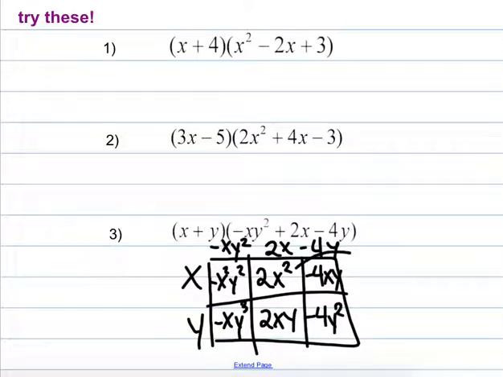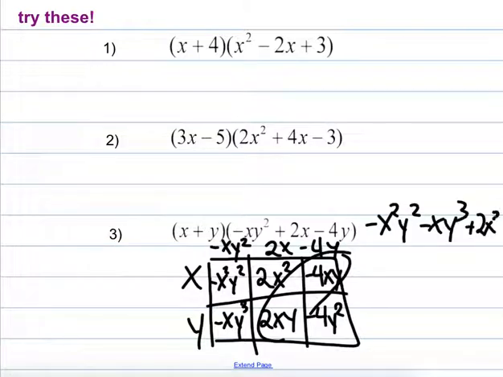The only similar terms are right here, the xy. So we end up with an answer of negative x squared y squared minus xy cubed minus 2y minus 4y squared.